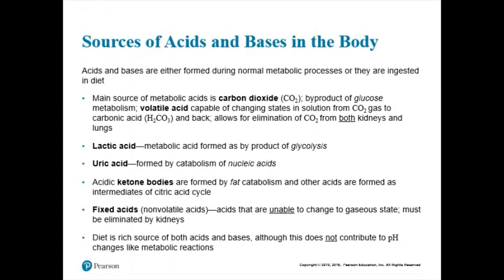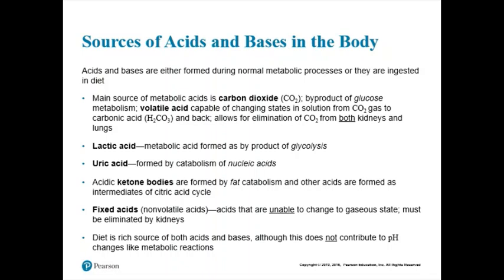So what is a source of some of these acids and bases? Well, what are some sources of acids in the body? Some you know and some you might not know. One major source of acid in your body is actually carbon dioxide. Oh yes, that gas you breathe out is a type of volatile acid.